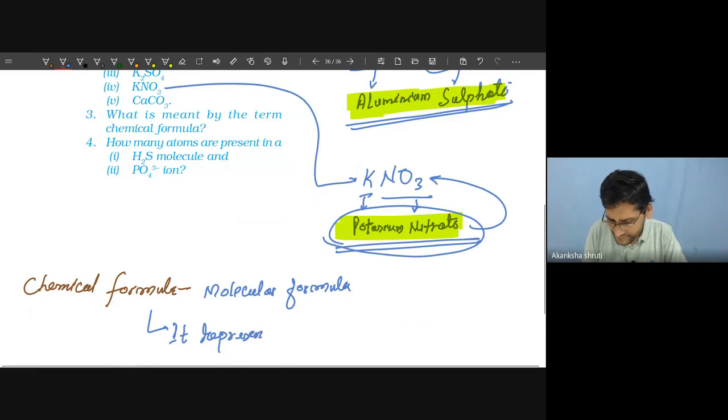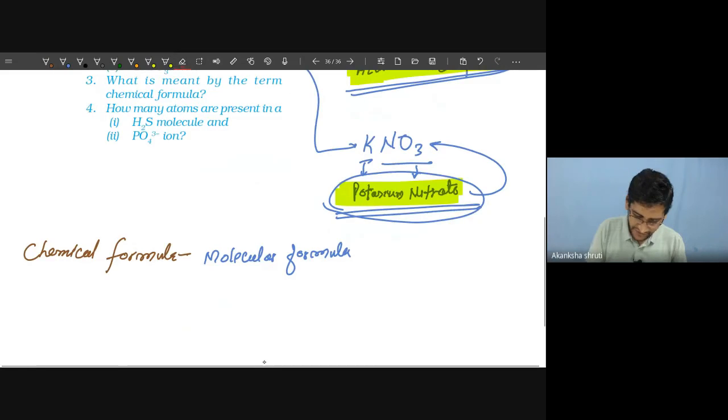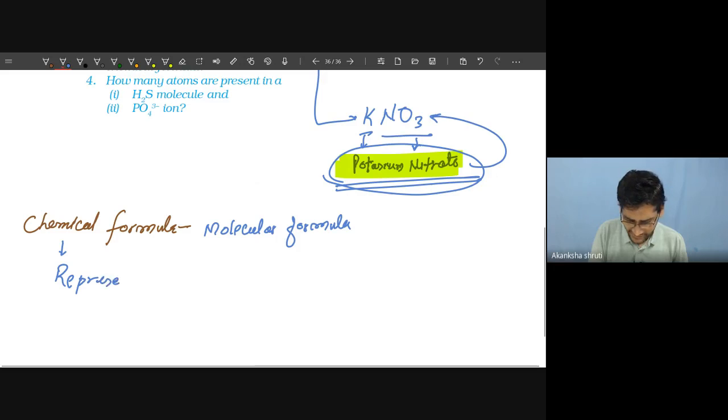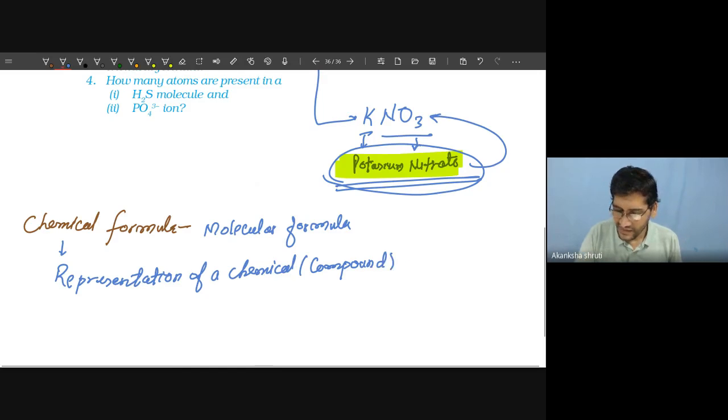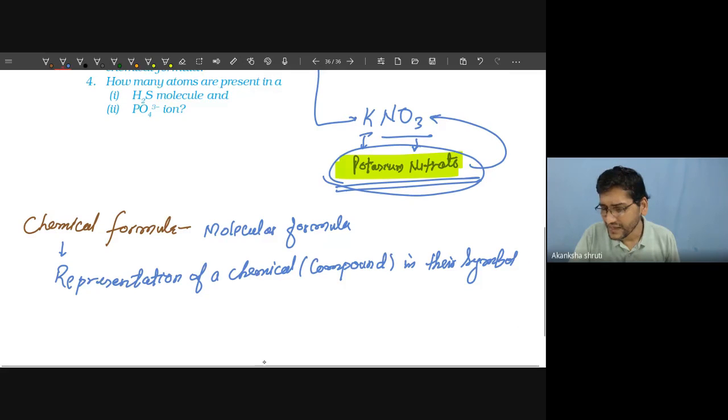Or you may write it like this as the complete definition if you want to define: it is a representation of a chemical or compound in symbol form, or writing the compound with the help of symbols of atoms and ions.